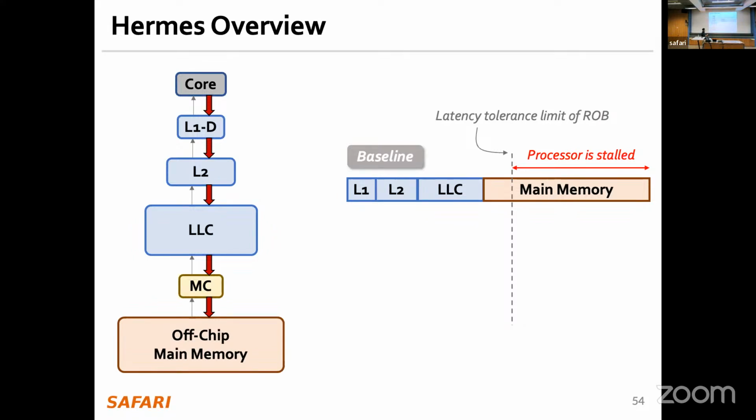Now, if your processor has a big enough instruction window, the reorder buffer, as I mentioned before, your processor can actually hide some part of this latency. Hiding in the sense that it says, I'm waiting on that data to come back, but at the same time I'm also going to explore some other instructions to see if I can execute them.